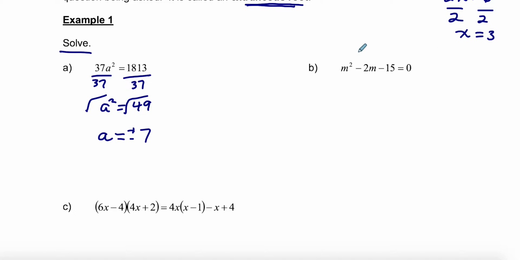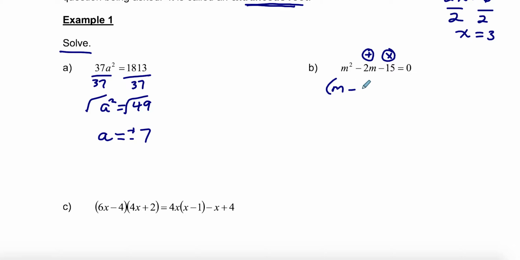The next one is a simple trinomial, so hopefully you remember we're looking at what multiplies to give us -15 and adds to give us -2. When I do this, I would just factor into two sets of brackets. It could be x, it could be any variable.